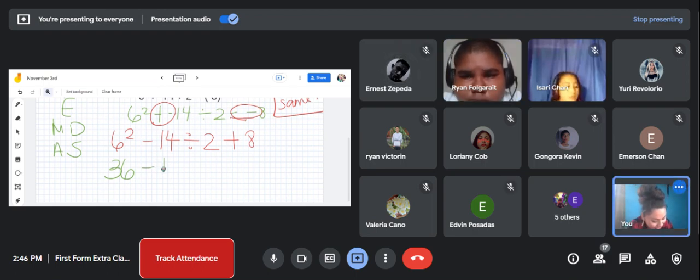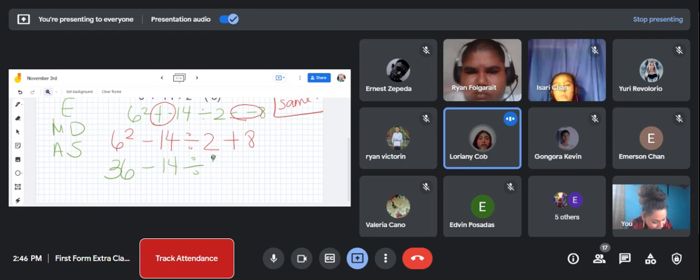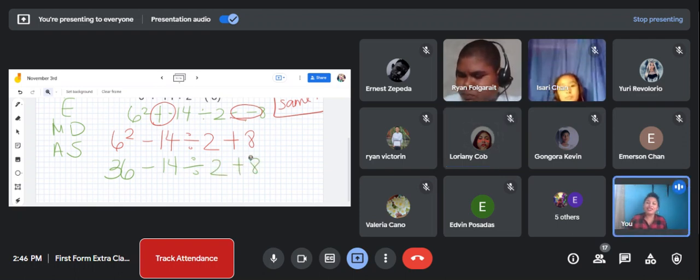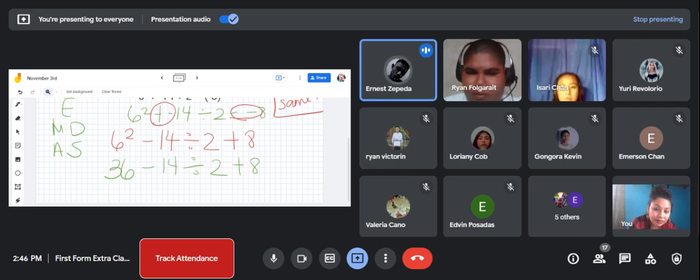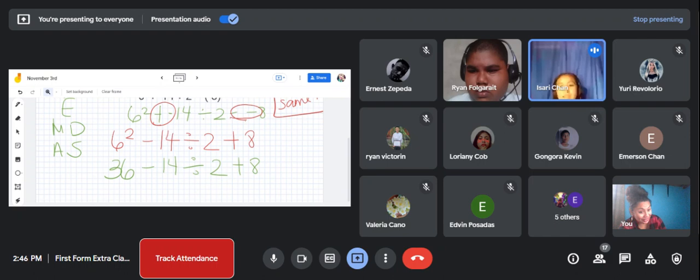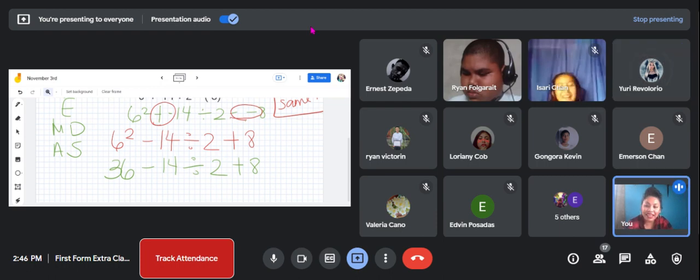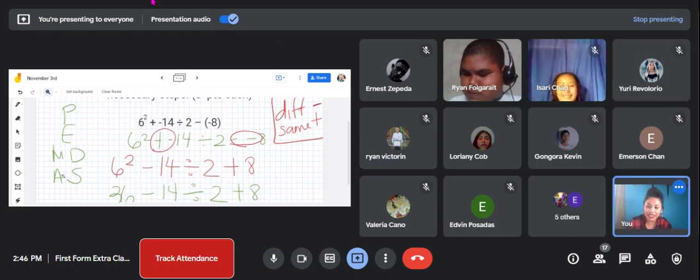I'm going to write over the question. Now I have that. What am I going to do now? 36 minus 14? Do we do subtraction? Division. Look at the PEMDAS. The 14 divided by 2 right here. We did the brackets. We did the powers.